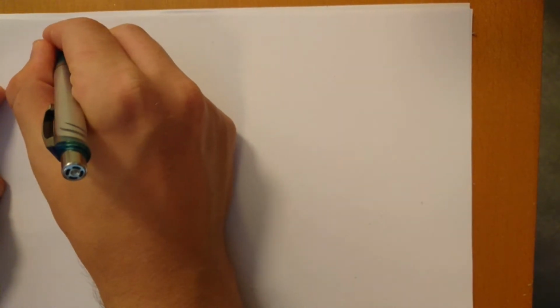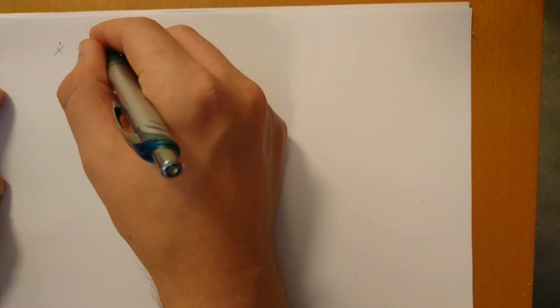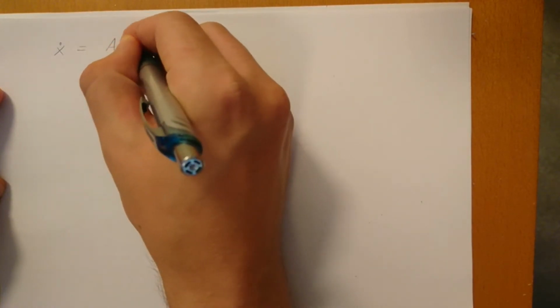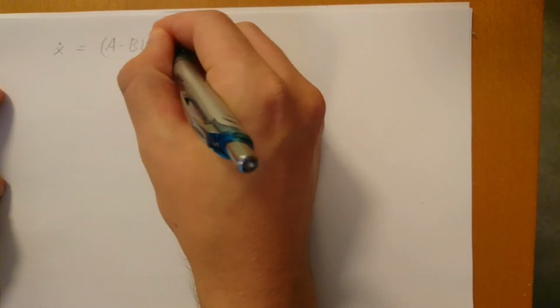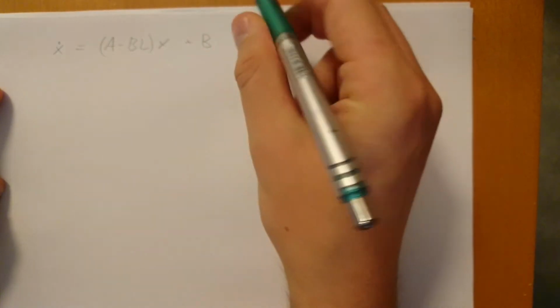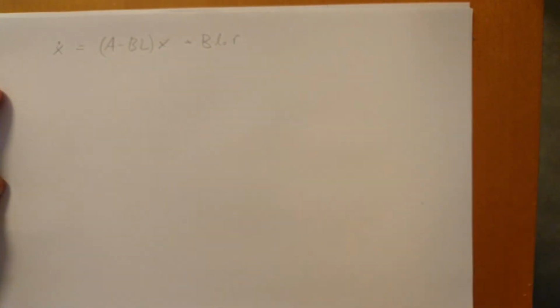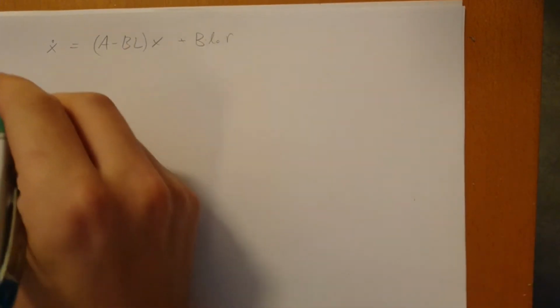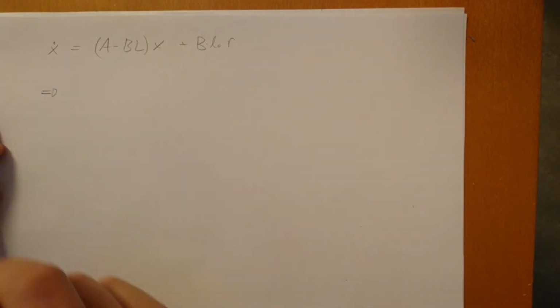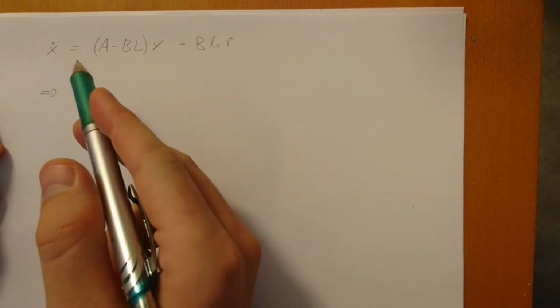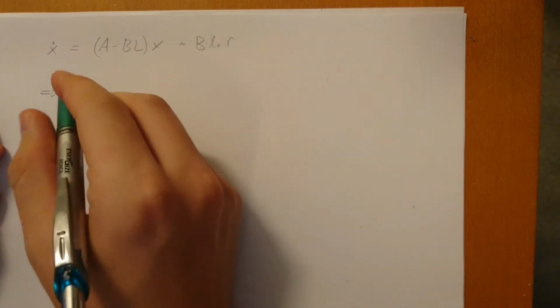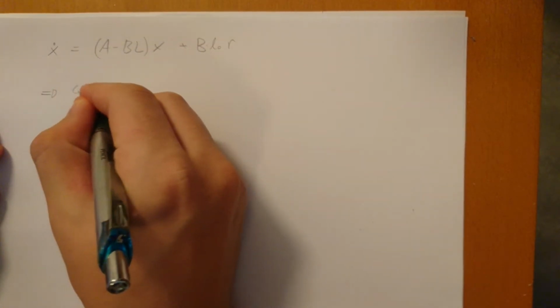And in order to do so, we're going to consider the transfer function. So recall that we had the following state space, A minus BL times x plus BL naught times r, like that. If we do a Laplace transformation here, solve for y, we'll find that the transfer function is given by this expression.